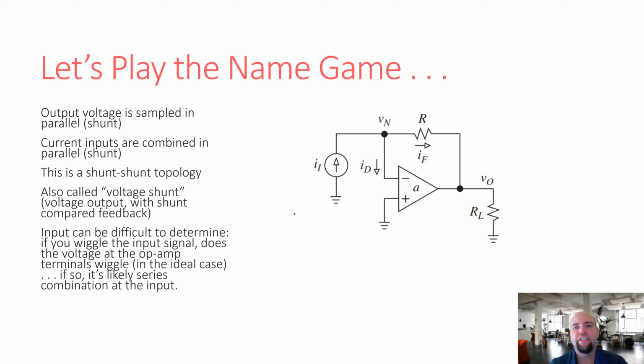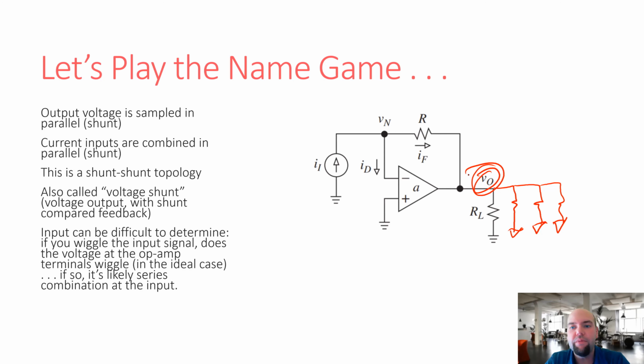One thing to note is, in this case, we were producing some V out here. It didn't matter what load resistance we had. We could have had as much load on here as we wanted, and V out would have stayed the same. So what we're doing is, this amplifier is sampling this output voltage. And how do we sample output voltage?